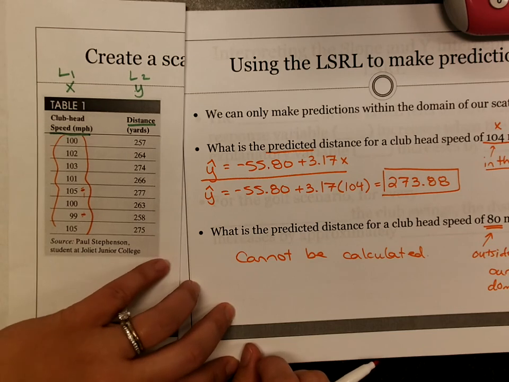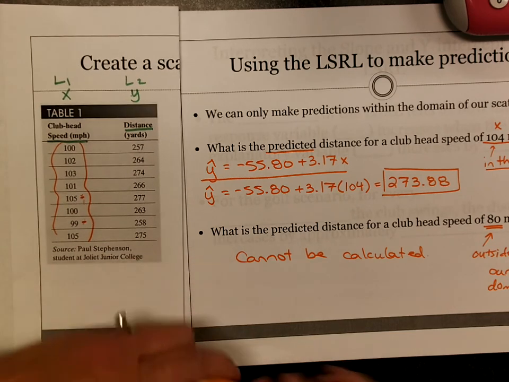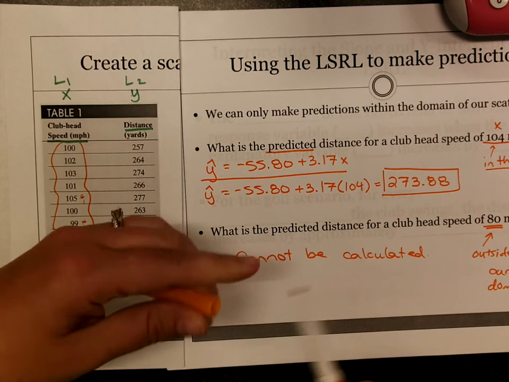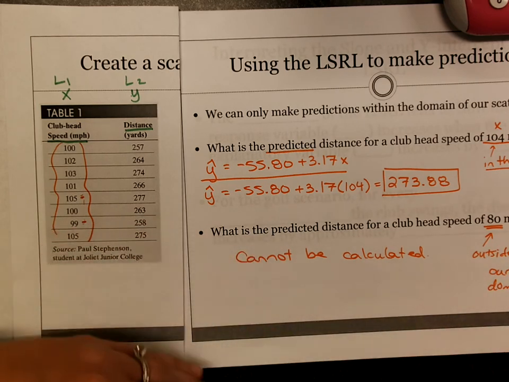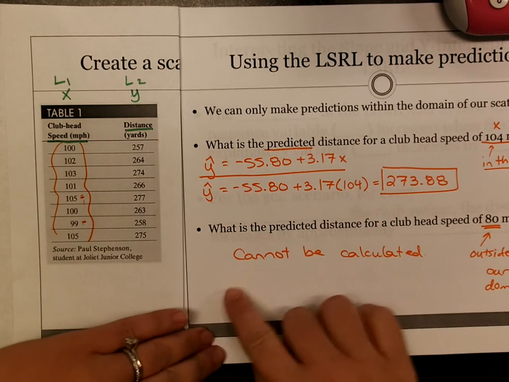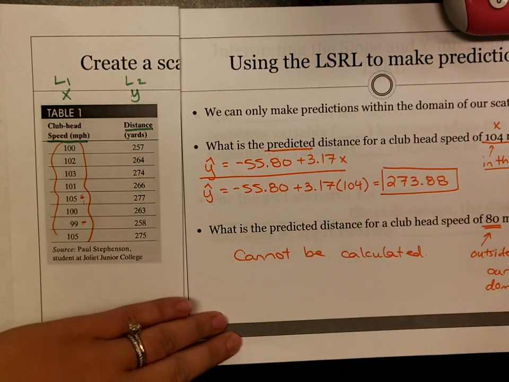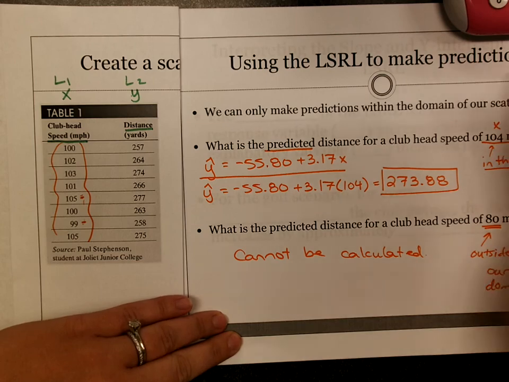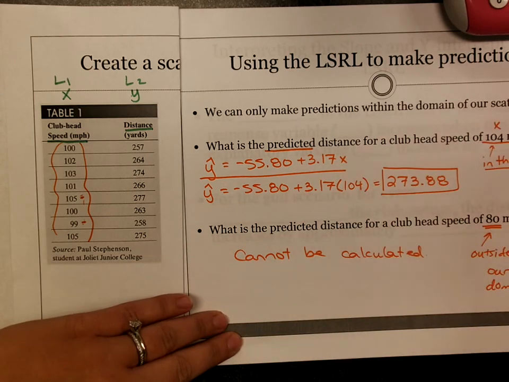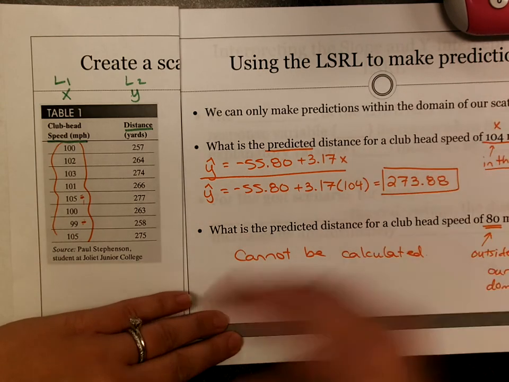And companies do this a lot. I know Cy-Fair ISD here in the Northwest Houston area over-predicted how fast they were going to grow. They had their growth rate, and they used a prediction line to predict 10 years outside of their domain, and they were very wrong. So they got a lot of money and built a lot of schools, and then those schools did not fill up because they overextended their predictions.